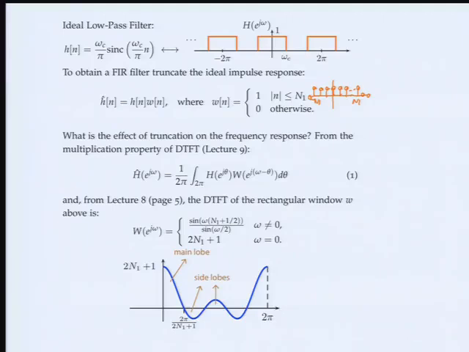Okay? In other words, define a different window function, not a rectangular one, that has smoother features, that goes to 0 more smoothly, thereby giving us less content in high frequencies. So that's the idea in what's called tapered windows.